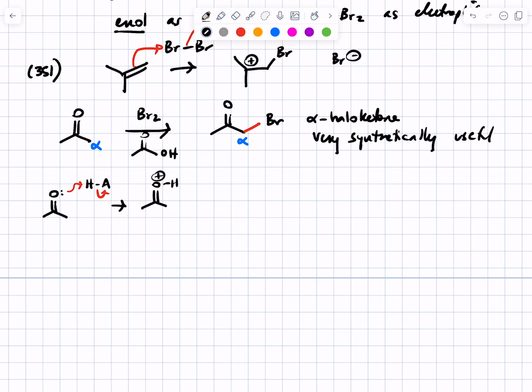You get to the oxonium ion, and then you can have your base, the conjugate base of your acid, remove a proton from the oxonium ion to generate the enol tautomer of your ketone. So that's keto form to enol form.